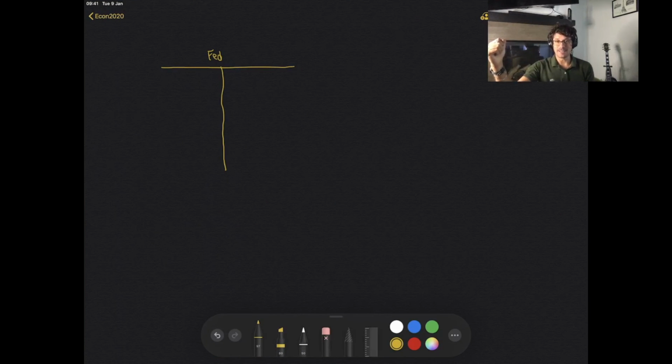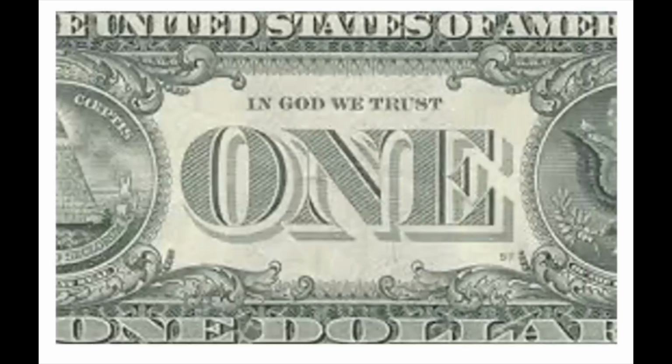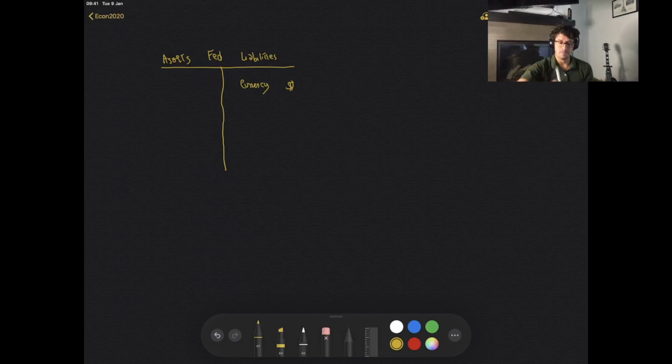Before discussing open market operations, let me discuss a little bit how the Federal Reserve creates money from a balance sheet point of view. Let's suppose that this is the Federal Reserve. These are the liabilities of the Federal Reserve, and these are the assets. Among the liabilities, there is the currency. The dollar bills that you have in your pocket are actually liabilities of the Federal Reserve.